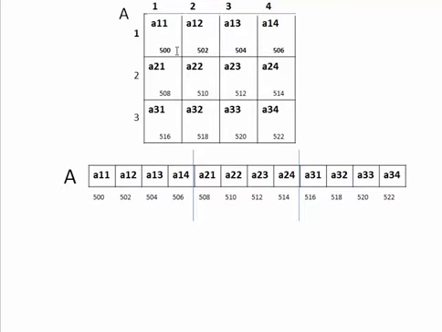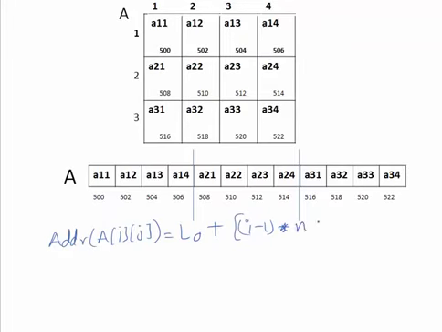If the indices are starting from 1 onwards, then the address of any location is written as L naught plus i minus 1 into n plus j minus 1, this whole thing multiplied by w.